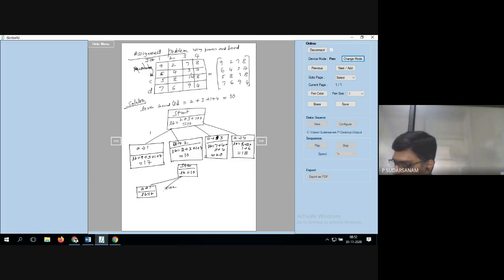A is equal to 2, lower bound is equal to 10. Third one is A is equal to 3, lower bound is equal to 20. A is equal to 4, lower bound is equal to 18.